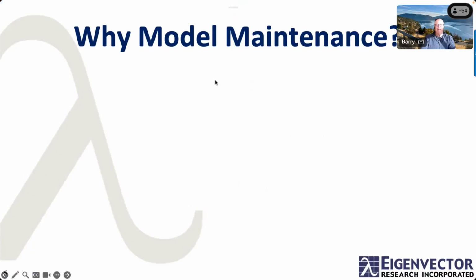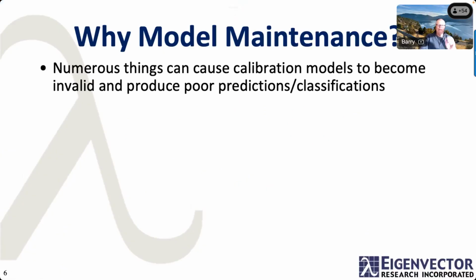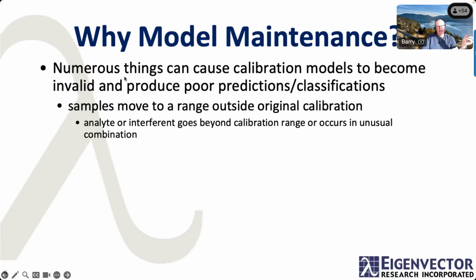why model maintenance? Well, there are a lot of things that can cause calibration models to become invalid and produce poor predictions or classifications. Samples can move to a range outside the original calibration.